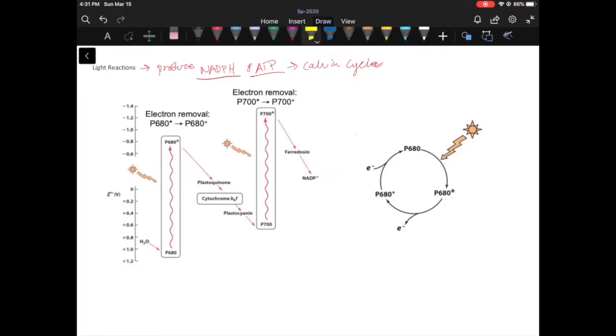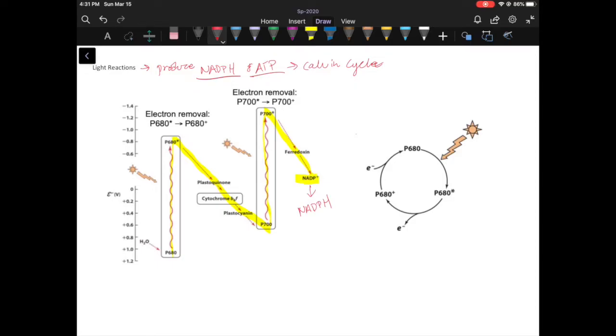This diagram here shows how the electrons transfer through all these electron transferring complexes and proteins, starting off at photosystem 2, which is P680, exciting the electron, going down to P700, and then exciting the electron again, and then eventually ending up at NADP+, which gains the electron and becomes NADPH. So that's the whole process.